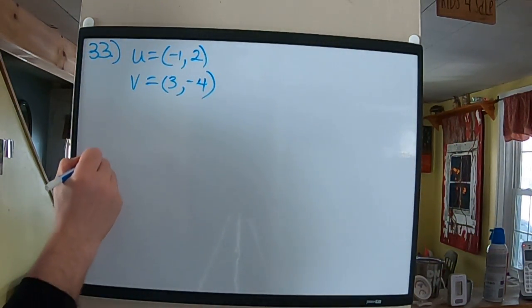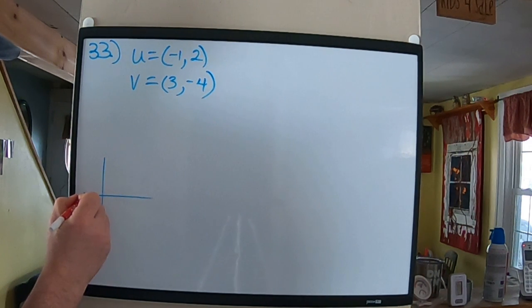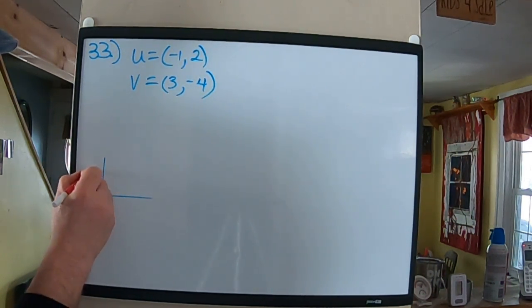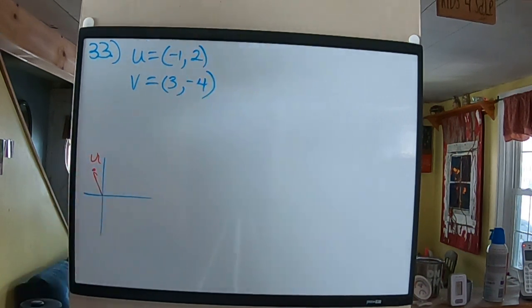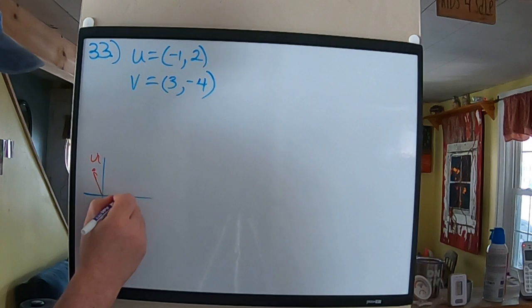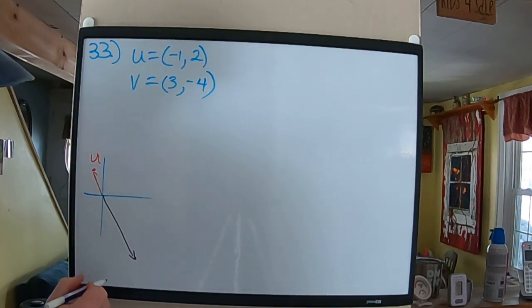Now when we do that on an XY grid, let's see, -1, 2, about there. There's our U. And our V, 3, -4, is like this.